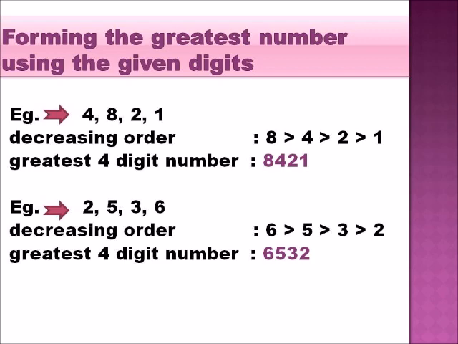Next, in example 10, we have digits like 2, 5, 3 and 6. Now by arranging in decreasing order, we have 6 is greater than 5, 5 is greater than 3, 3 is greater than 2. So therefore the greatest 4-digit number will be 6532.